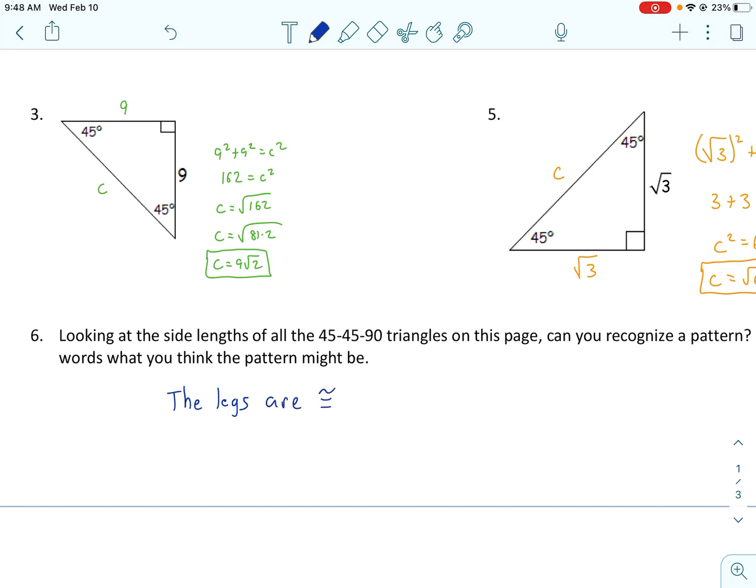Remember that symbol there. And the hypotenuse, the side across from the 90 degree angle, the hypotenuse is always radical 2 times the leg.